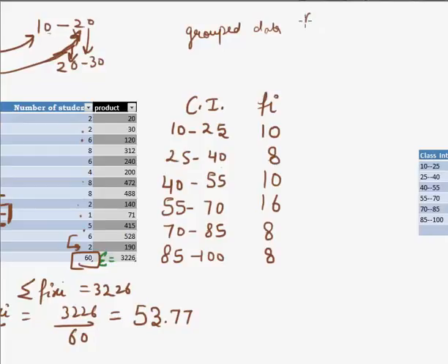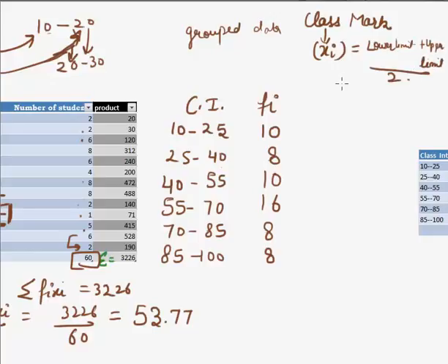we define a term known as class mark. It will serve the same purpose as xi in the ungrouped data. Class mark will be given by lower limit plus upper limit divided by 2.